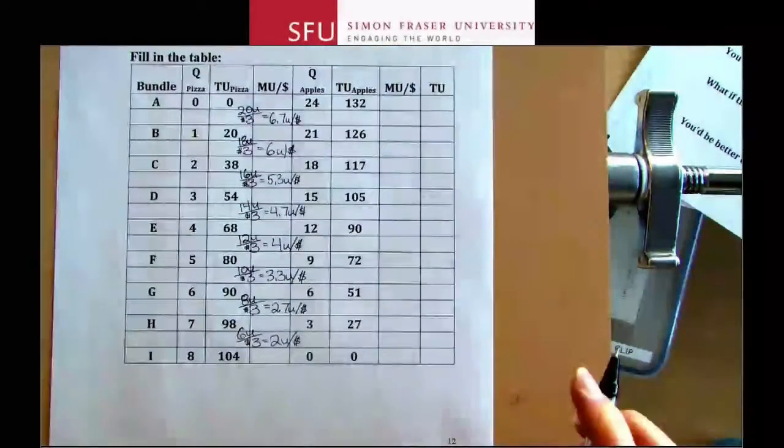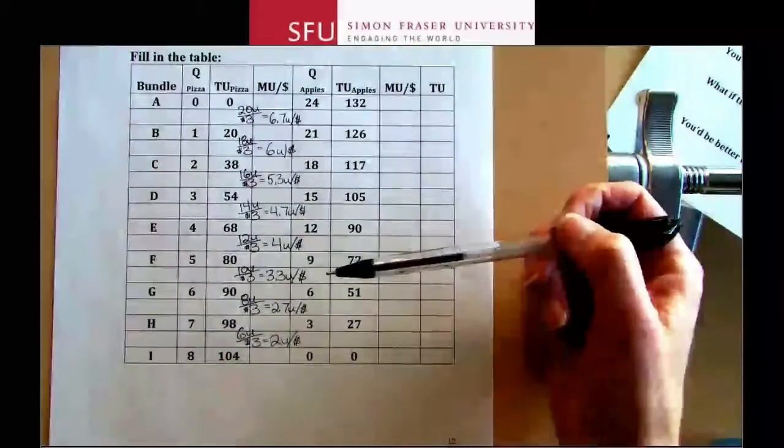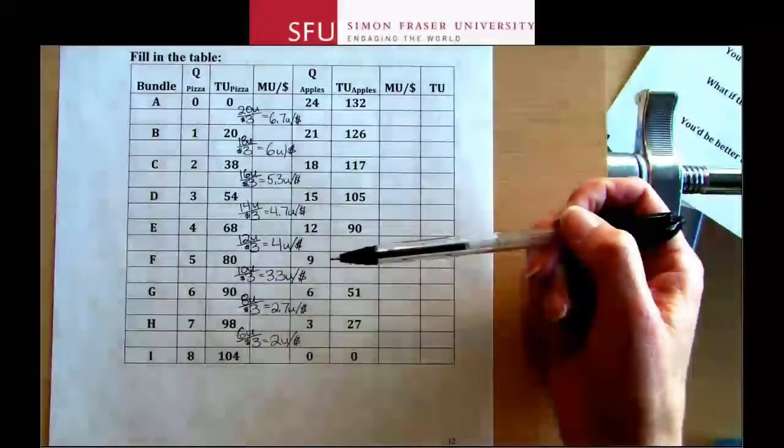All right. So yeah, the numbers will keep getting smaller, of course, because the marginal utility is falling, but the price stays the same.